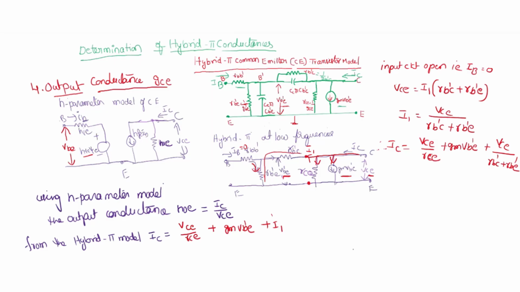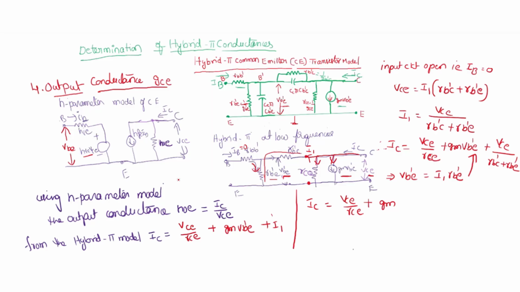It's nothing but the voltage across RB dash E. What is the current through RB dash E? I1. So when IB is 0, VB dash E is I1 into RB dash E. Substitute this also here. So it totally gives IC is equal to VCE by RCE plus GM VB dash E. In the place of VB dash E, substitute I1 into RB dash E.